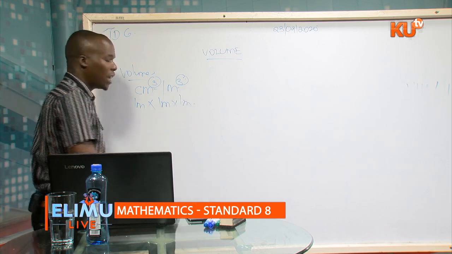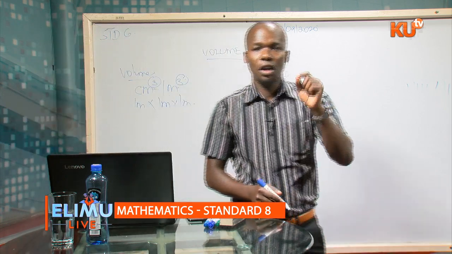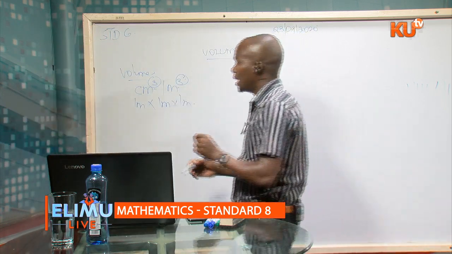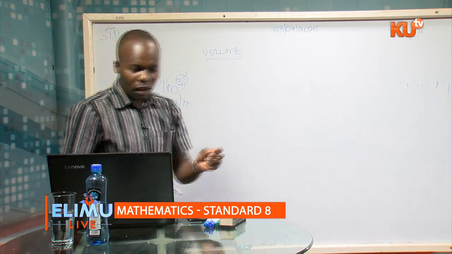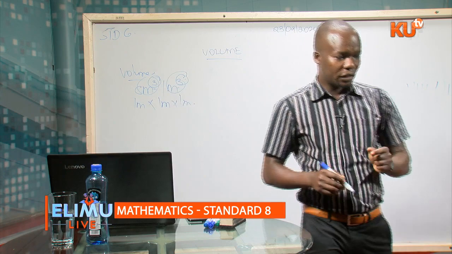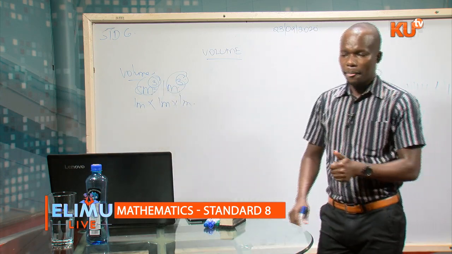That's how the cubic came in. So we'll have our units for cube and cuboid volume as these 2. And therefore, the conversion of these 2 will be very key.